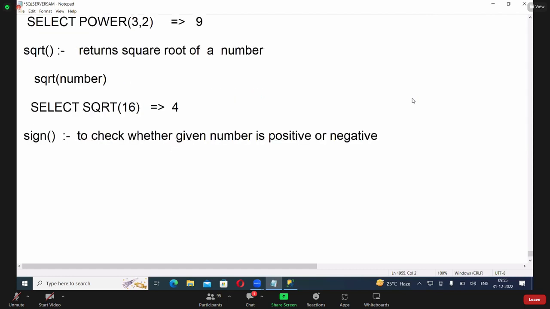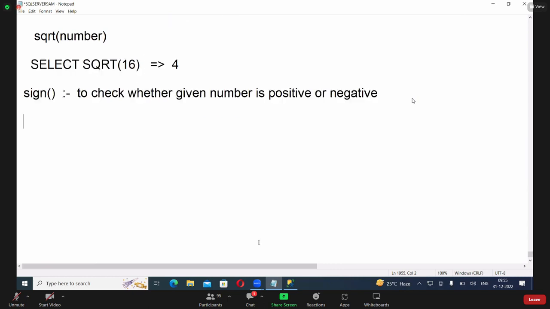To check whether the given number is positive or negative.